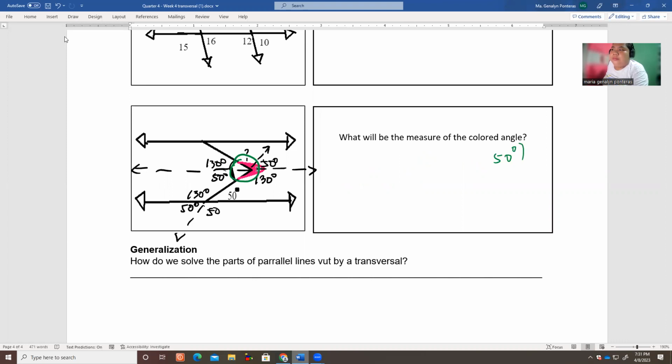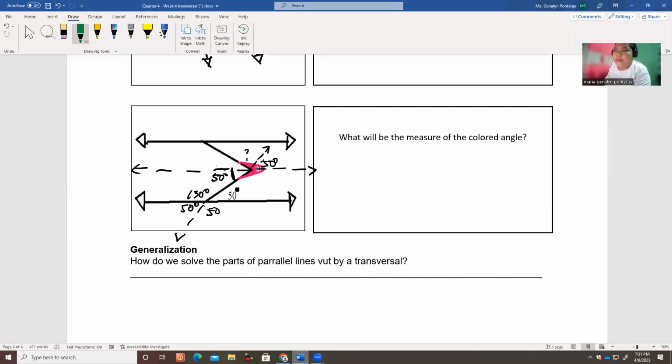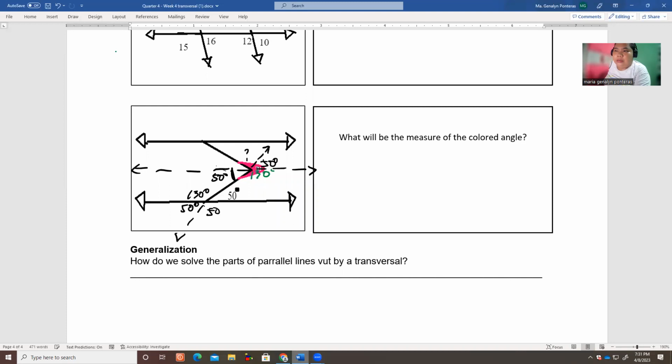If that would be 50, 50. Ah, wait, we cannot say that this is 130 right away. Okay, this one is 130. However, we cannot say that this one is 130, right?